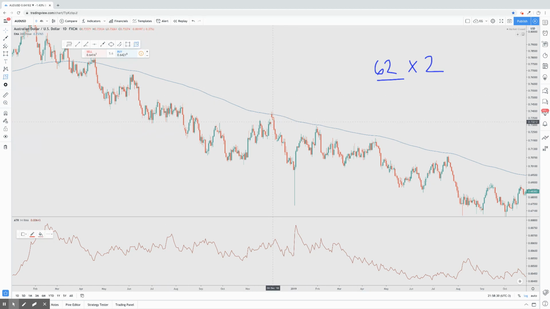Remember what I said, I would wait for this 4-hour candle to close. Now this is daily. I'm not going back to the 4-hour now. Let's say I entered around here. So I'm going to go up 124 pips or close, and this is going to be my stop loss. That's going to be my stop loss value wherever that line there is.